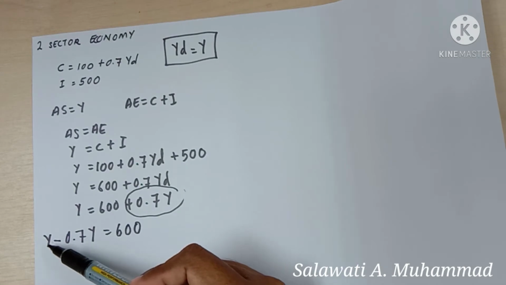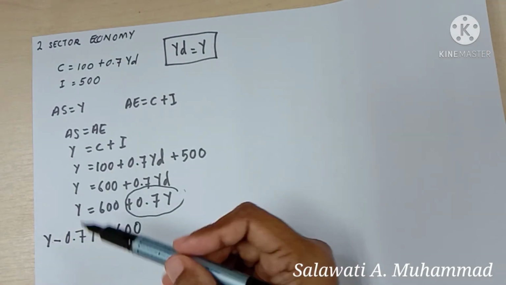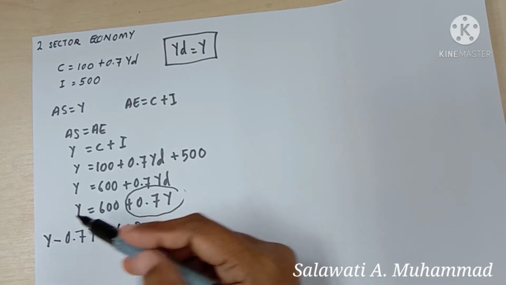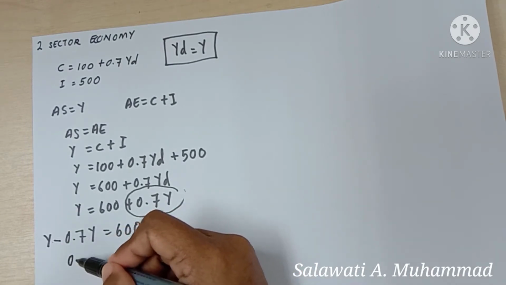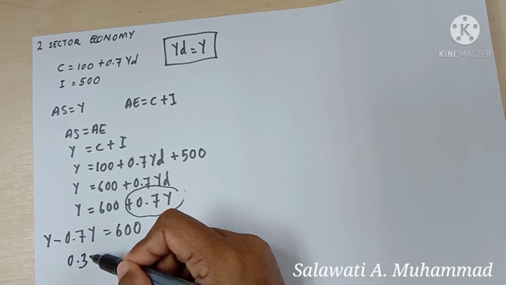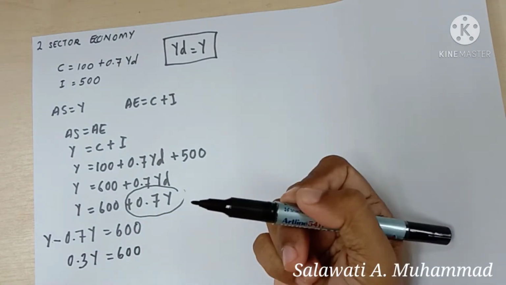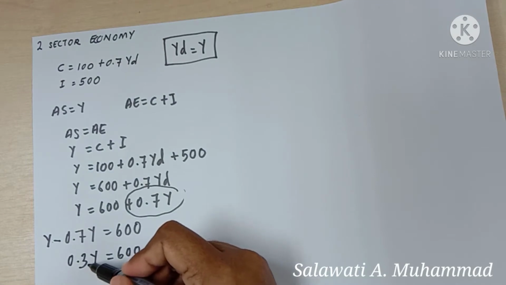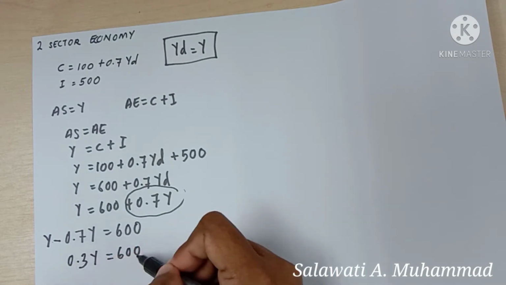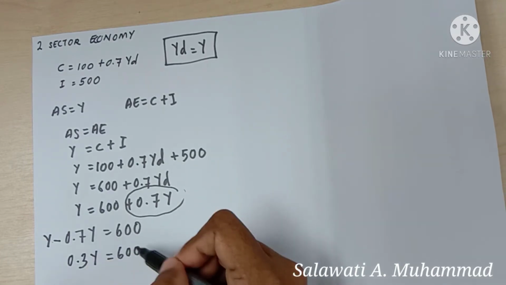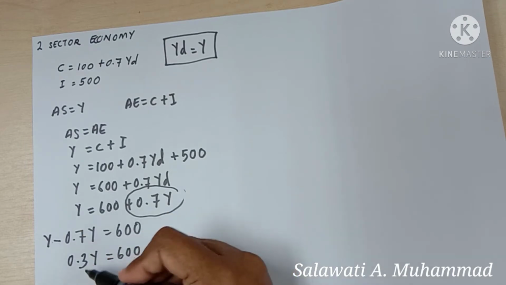Y minus 0.7 Y equals 600. Y is 1 Y, subtract 0.7 Y will become 0.3 Y equals 600. This amount we move to the opposite section, so when it's multiplied, it will become divide.